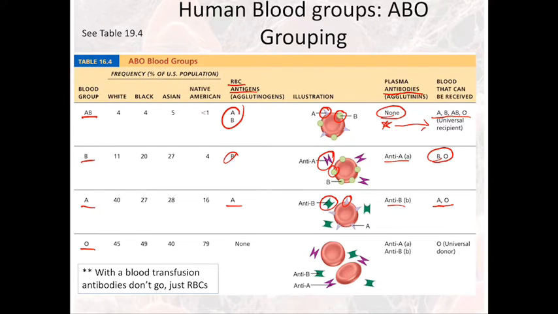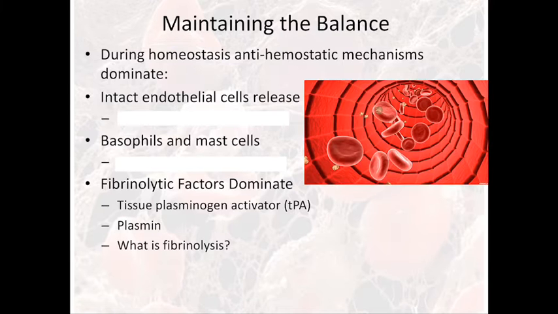And then O blood doesn't have any antigens, and that means it has both antibodies, anti-A and anti-B. Sorry. So that means they can only receive type O blood, but they are the universal donor. And we'll get into that a little bit more in class, and we'll add in the Rh factor and how that plays into that when we get to the TBL day.